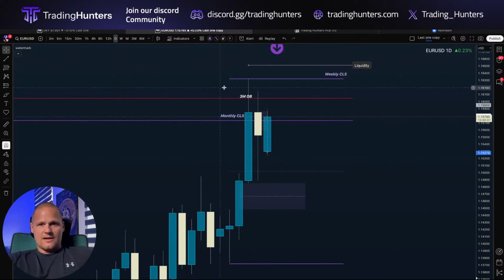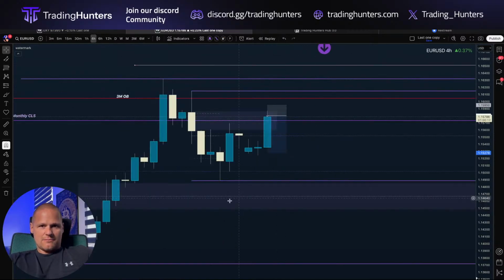Right now we have this Friday's range here, let me draw. Friday's range here, and below, these two lows are relatively equal.